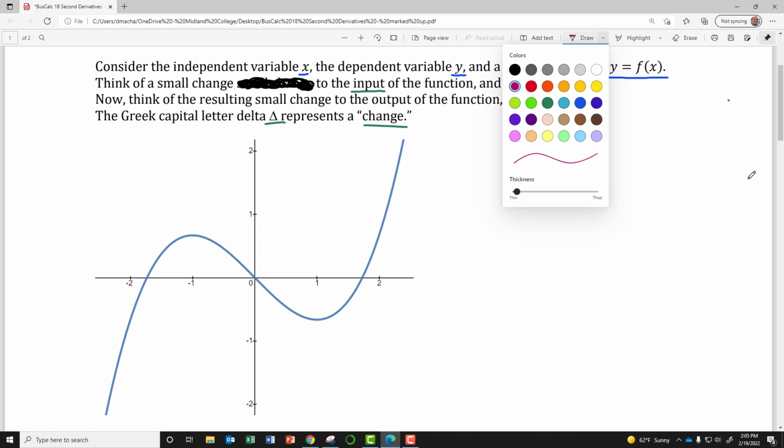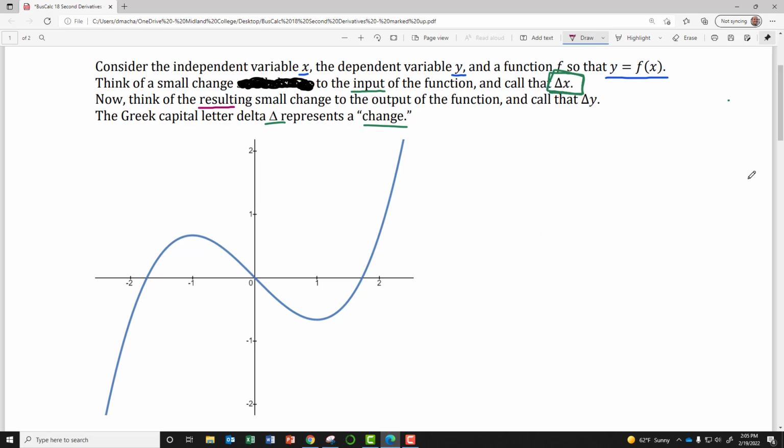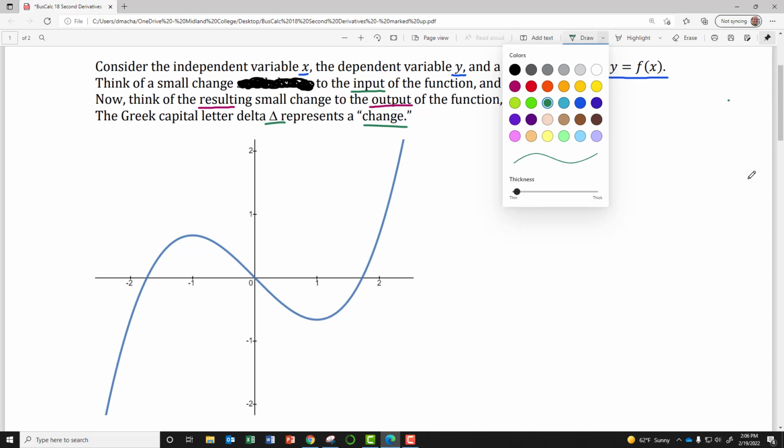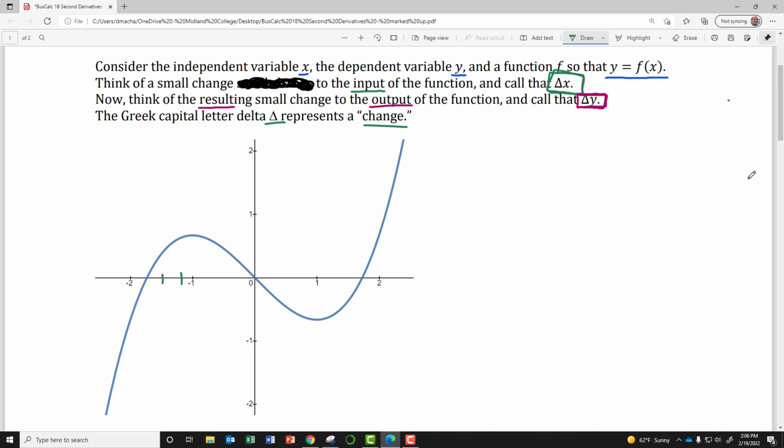And if we have a small change to the input, that's going to result in a small change to the output of the function. And we're going to call that small change in the output of the function that results from our small change in the input delta y. So again, we use the capital Greek letter delta to talk about a change in the output of our function. So for every small change in the input, we might have a change in the output. Like this little change going from here to here along my x-axis, we could call that delta x, because this little interval represents the change in the x value.